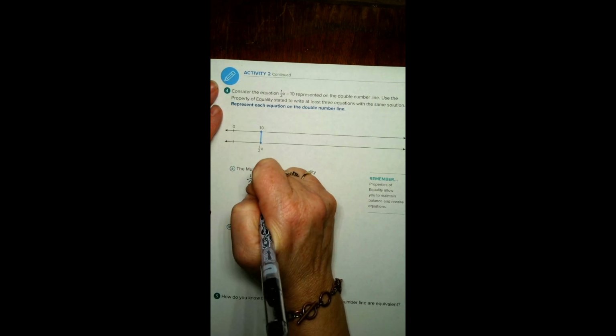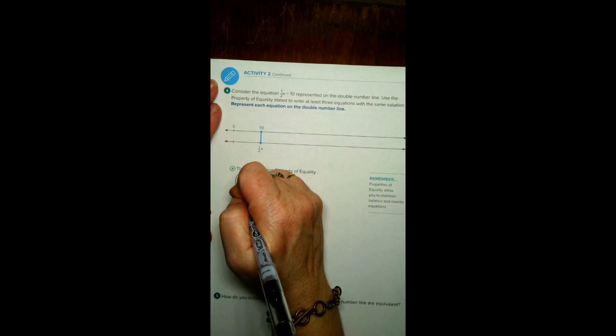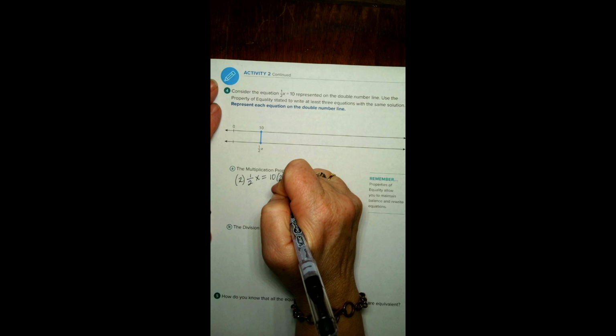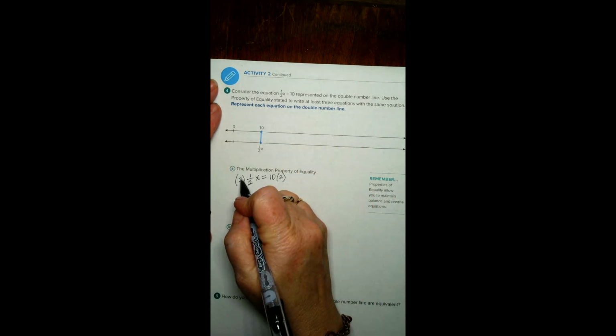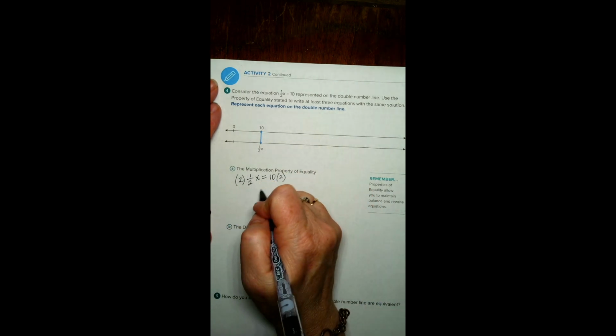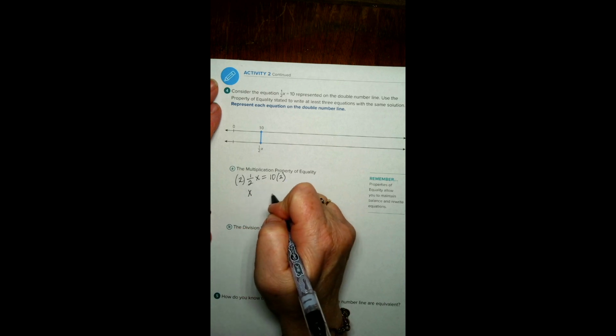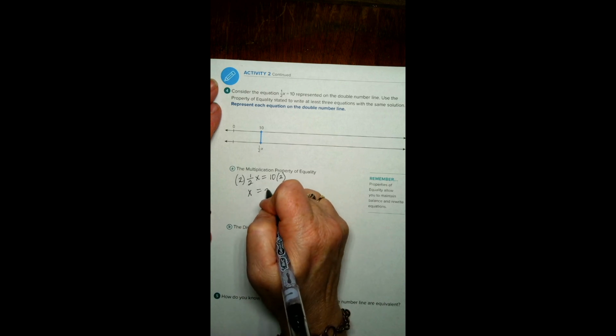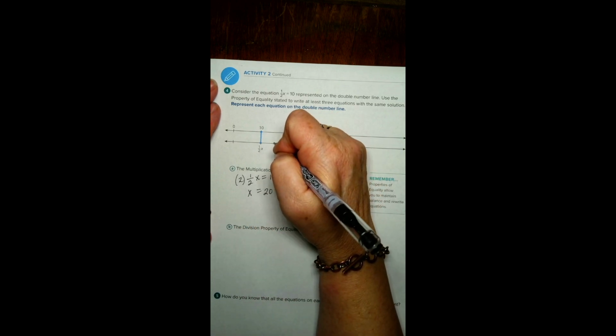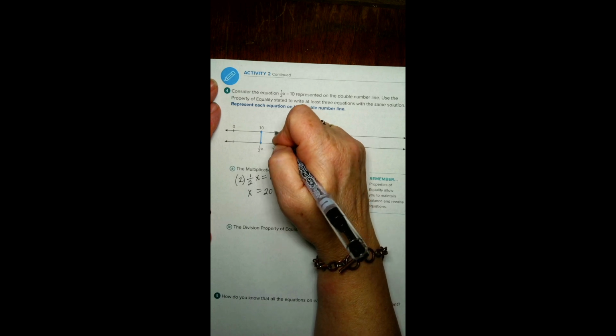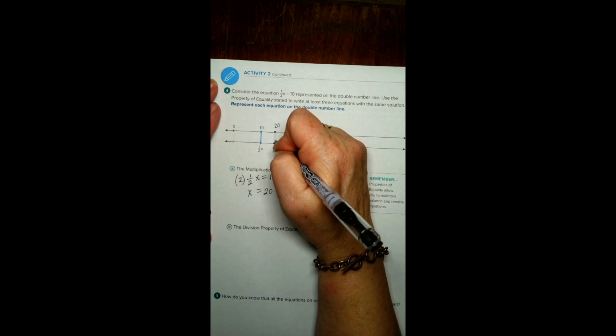So the multiplication property. So we have 1/2 x equals 10. So we're going to do the same thing. Let's multiply it by 2. So we would get 2 times 1/2 is 1 whole. So it's x equals 10 times 2 is 20. So that might put our x here, a 20 here.